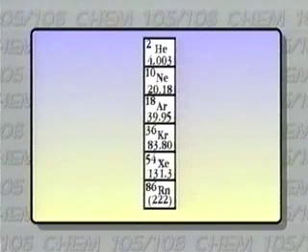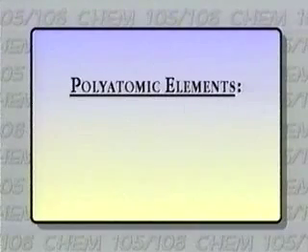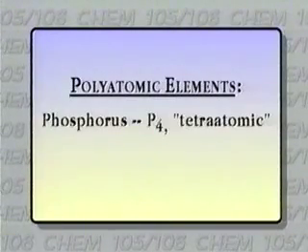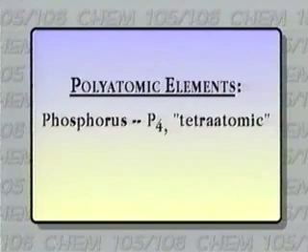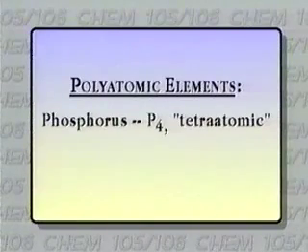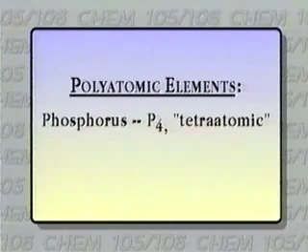We have only 2 polyatomic ones that we're going to look at, and that is phosphorus, which is 4 atoms per molecule. We call that a tetraatomic species. Tetra being the prefix for 4, a 4-atom molecule.